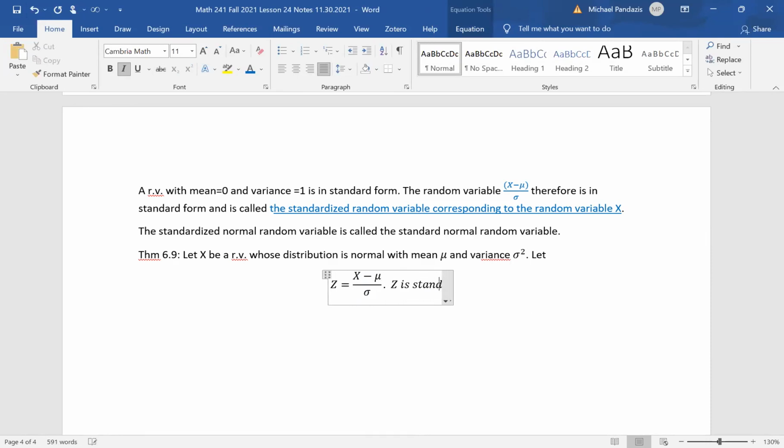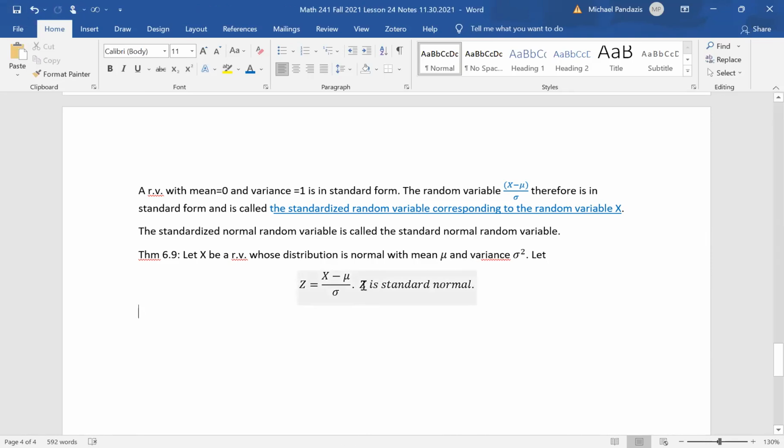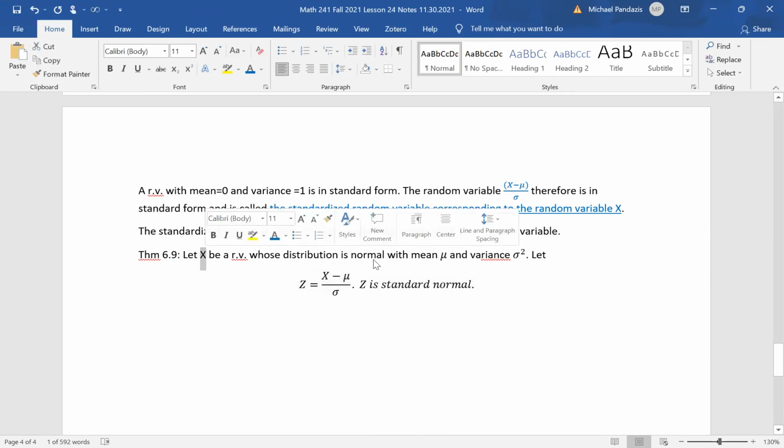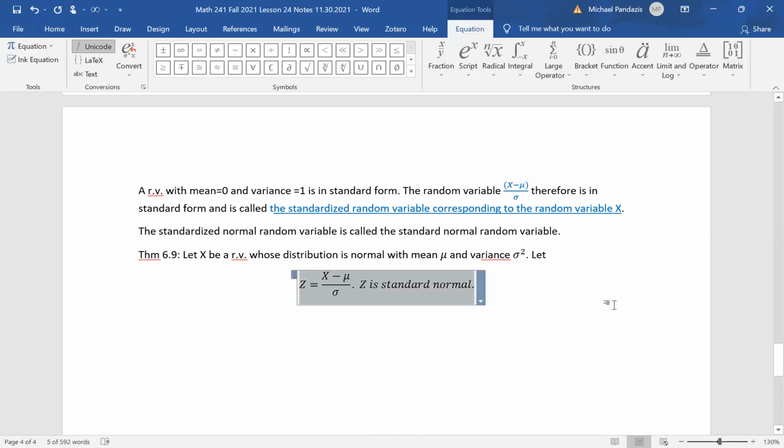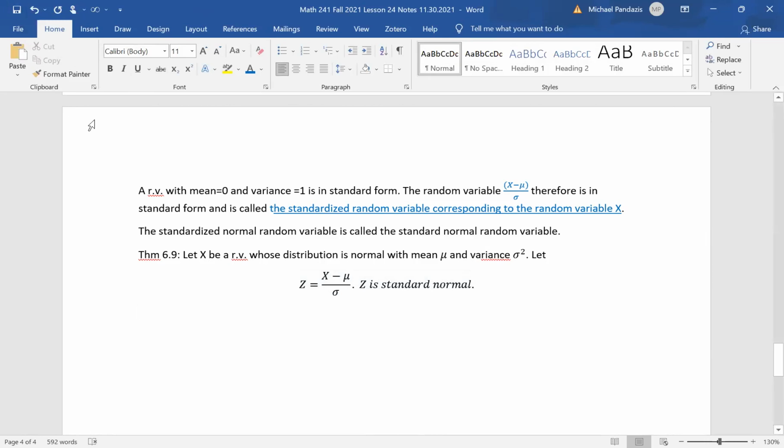Z is standard normal. So z is a standard normal random variable because it is the standardized normal random variable. x is a normal random variable, and we found the corresponding standardized random variable. That's a standard normal. So z is a standard normal random variable.